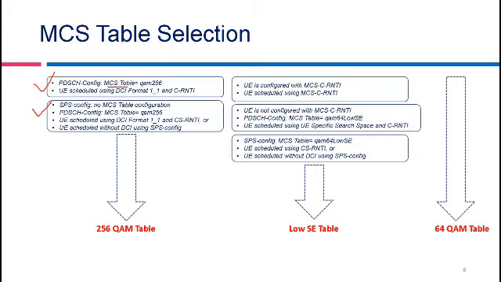And here the UE will be scheduled with DCI 1_1 with C-RNTI. For the second case, in SPS scheduling, the RRC sets SPS config without any MCS table and PDSCH config with MCS table as QAM 256.